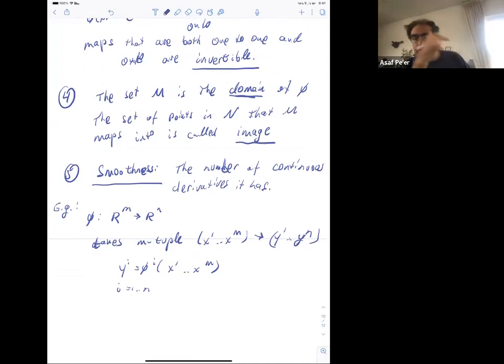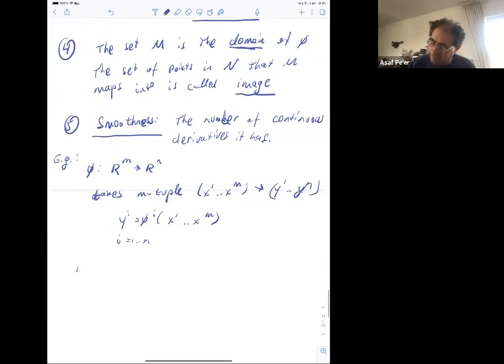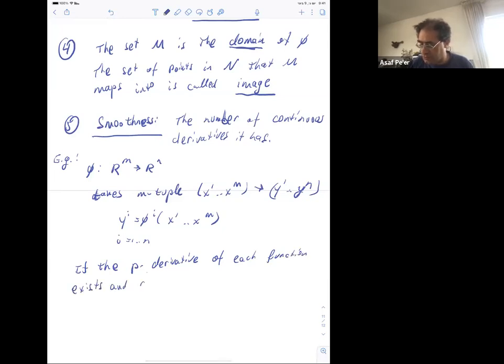Now, if the p-th derivative of each of these functions exists and is continuous, we refer to the function as C^p.